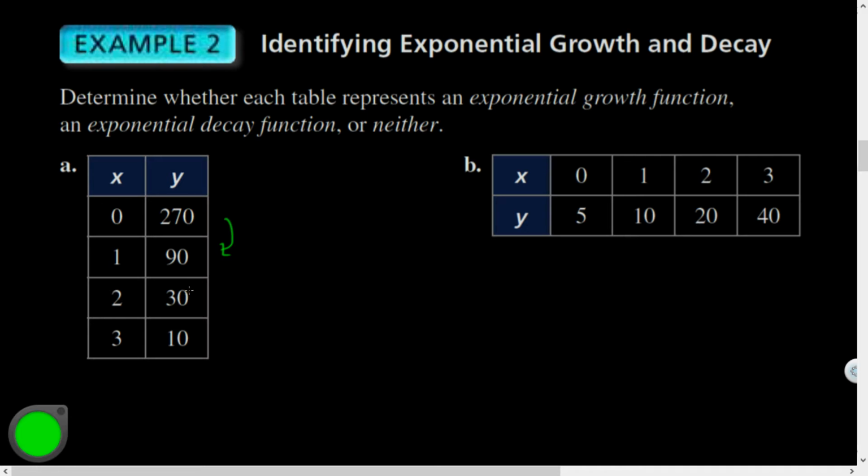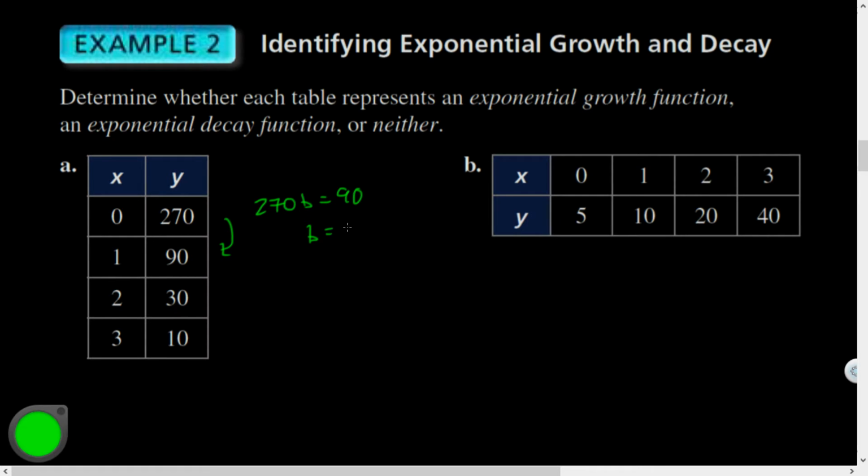But 90 minus 180 is not 30. So the question is, 270 multiplied by what would give me 90? All right, 270 multiplied by what base would have given me 90? And so divide both sides by 270.